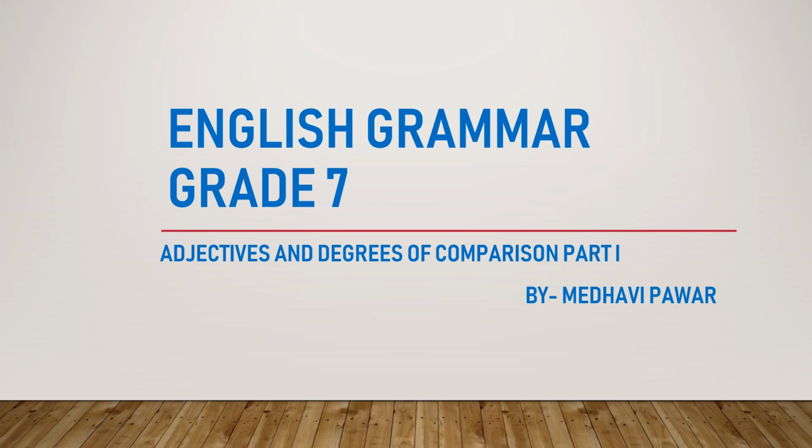I am Medhavi and today I am here with one more interesting chapter of English grammar, that is adjectives and degrees of comparison. Because this chapter is too lengthy to understand in a single class, I have divided it into two parts. In the first part, we will be covering adjectives, their types, their examples, and the way to convert an adjective into its opposite by adding suffixes or prefixes.